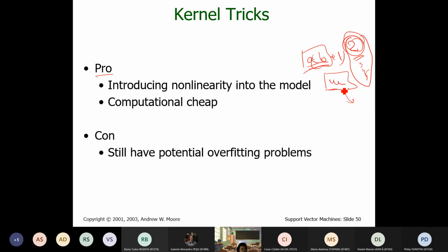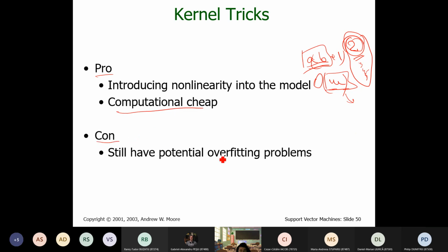Well, when I say constant, it means that it won't change based on the power of the polynomial function. It's not constant, it is O of m. Okay, so it depends on the number of dimensions, but still it is computationally cheap.